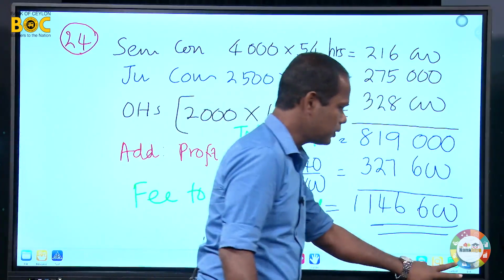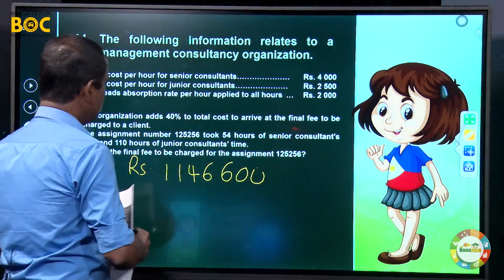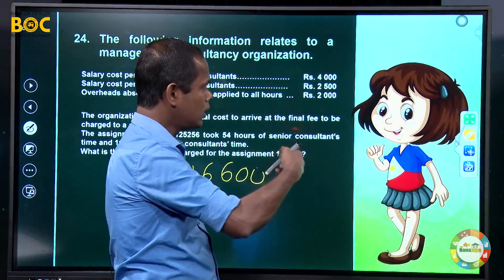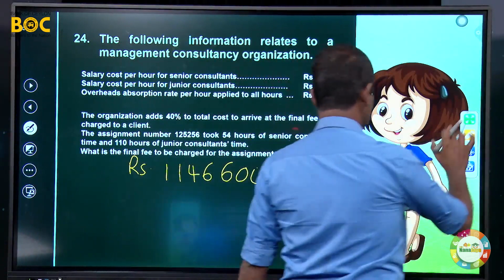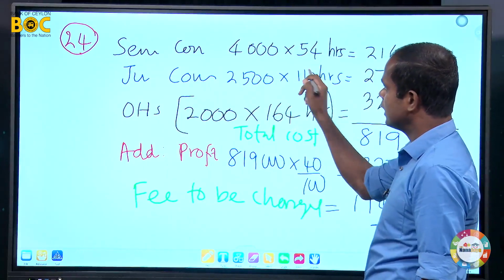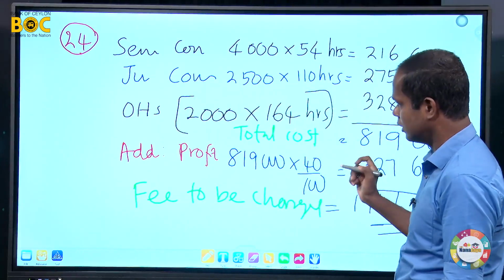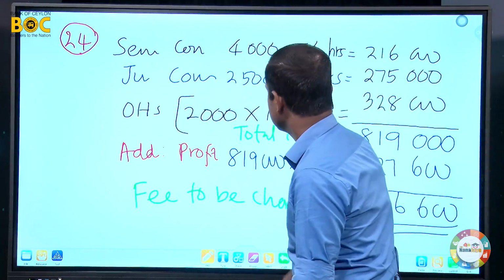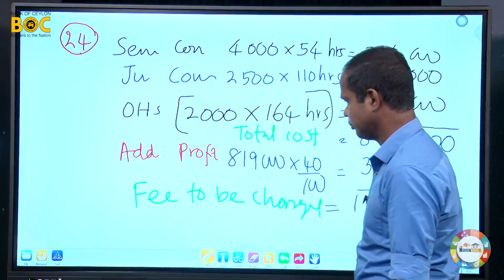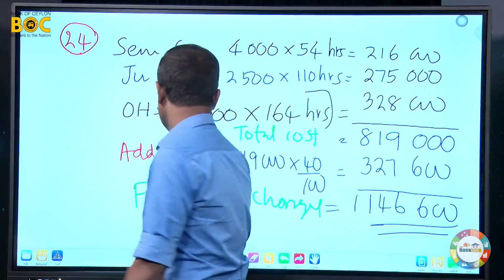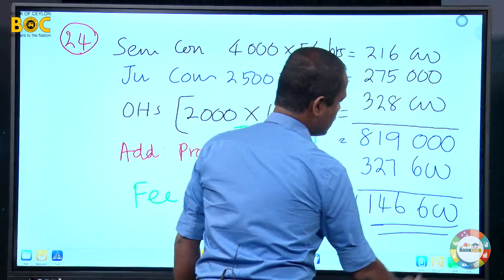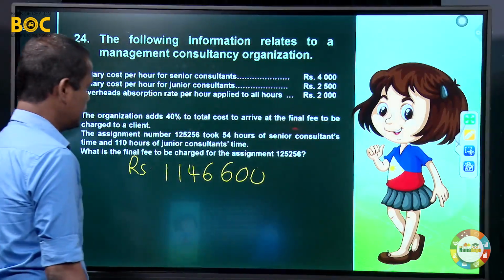Overhead is 2,000, applicable as the absorption rate for all hours, whether senior or junior. So altogether 164 hours for the job, 54 plus 110, then you get the total cost. For that you add the profit margin to decide the final fee. 1,146,600 is the final fee to be charged for this assignment.